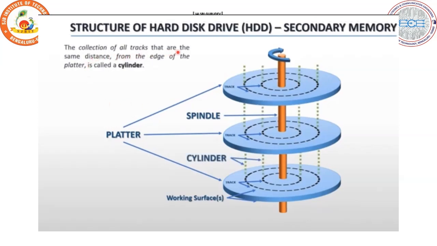The collection of all tracks that are the same distance from the edge of the platter is called a cylinder. The same distance is maintained for all the discs, and that forms cylinder one. Another track, track 2, of the same size in all the discs forms cylinder 2.